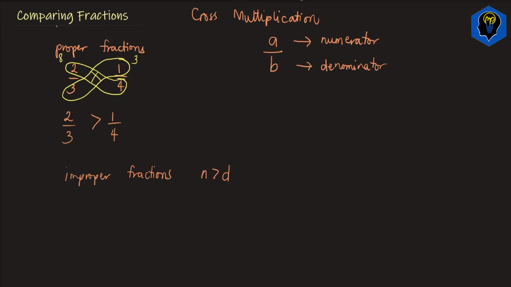So, let's say our example is 8 over 7 and 7 over 5. So, which is bigger? Is it 8 over 7 or 7 over 5? Of course, we do cross multiplication. So, 8 times 5 equals 40. And then, of course, 7 times 7 equals 49. So which is greater? Of course, 49 is greater than 40. So 8 over 7 is less than 7 over 5.